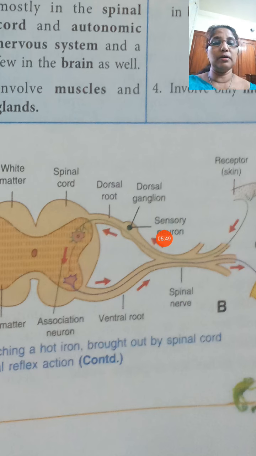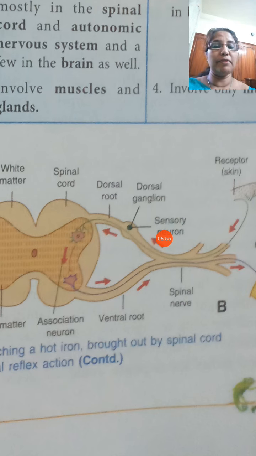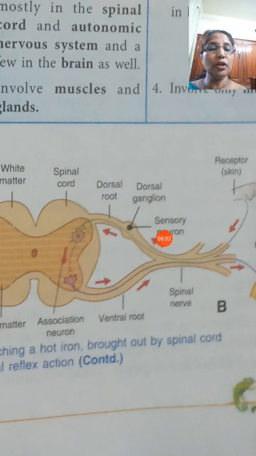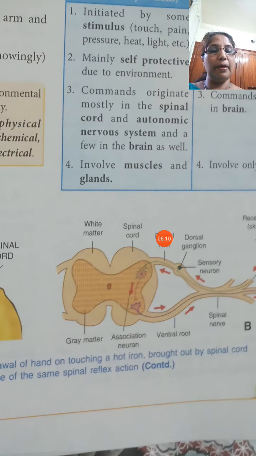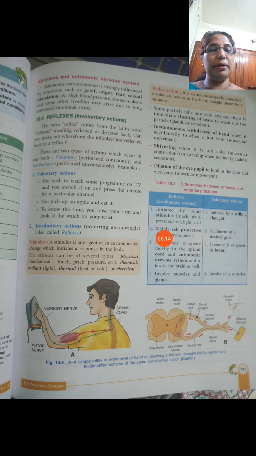And through the ventral root, the motor neuron is emerging out. That is how it works, because it is a mixed nerve. Sometimes questions will ask for examples of a mixed nerve.